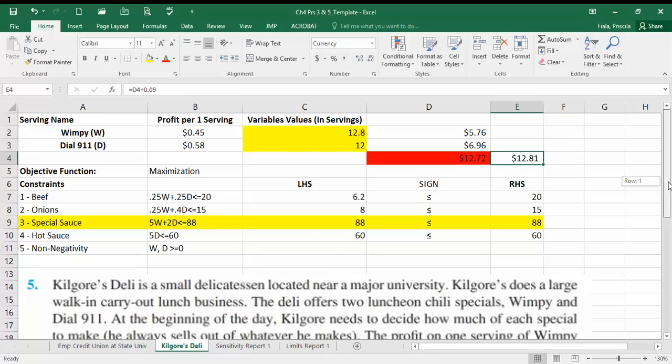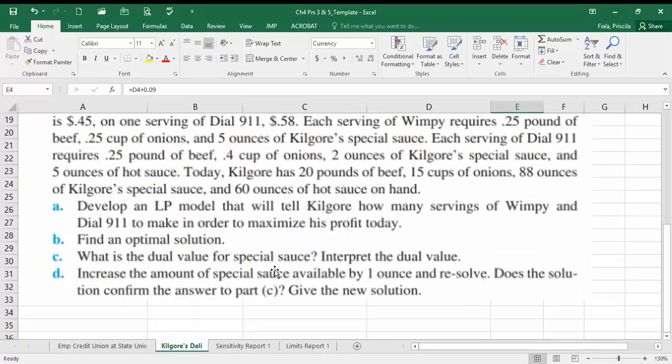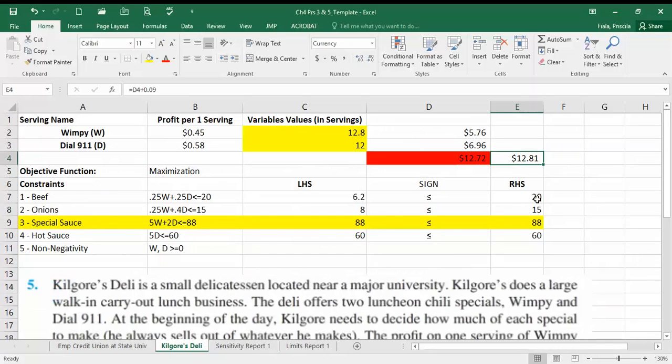So question D tells you increase the amount of the special sauce available by 1 ounce and resolve. Does it confirm the answer to part C? So let's go ahead now and increase this to an 89. It should give us right here a 12.81. If it doesn't, then it's incorrect.